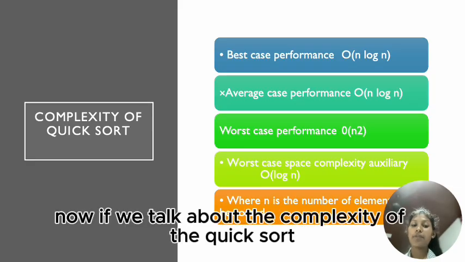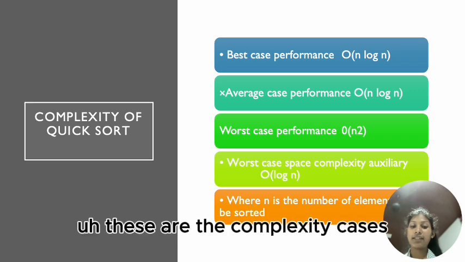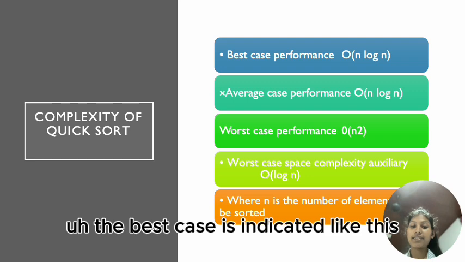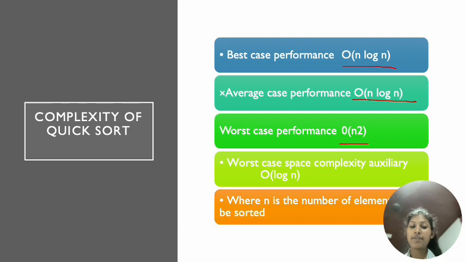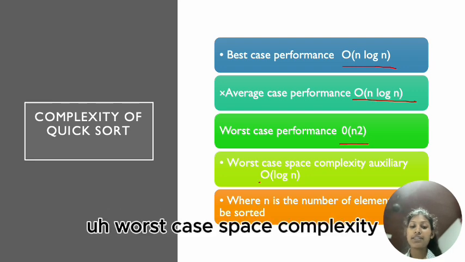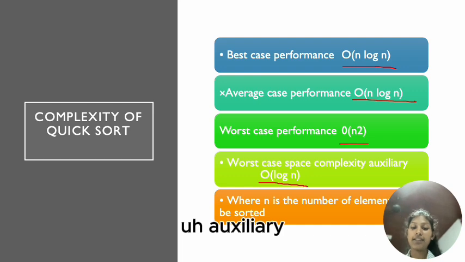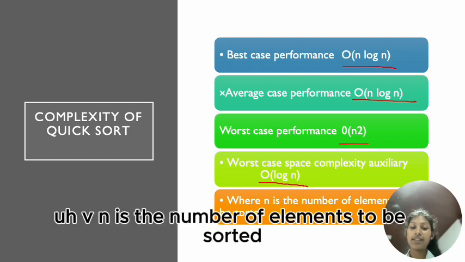Now if we talk about the complexity of the quicksort, these are the complexity cases. The best case is indicated like this, then average case performance, worst case, and space complexity auxiliary, where n is the number of elements to be sorted.